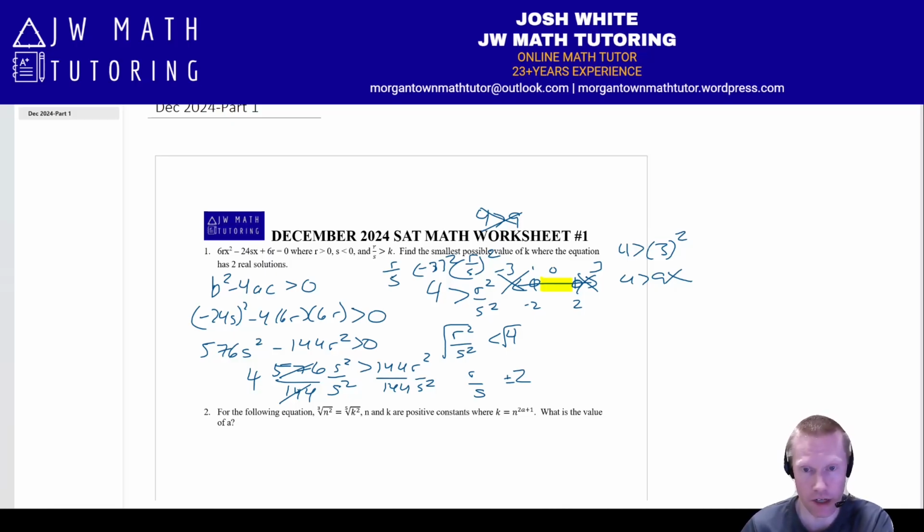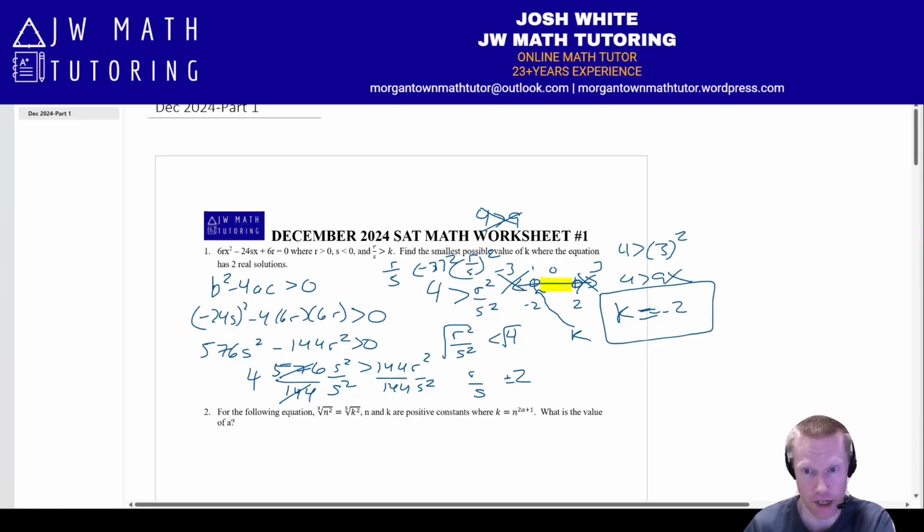It can't equal it, it still has to be greater than it, but it's going to be right here, -2. -2 is the bottom number in the interval such that any number over -2, which is also less than +2, would give you two real solutions. So the smallest possible value for K is going to be -2. And that's basically the final answer.